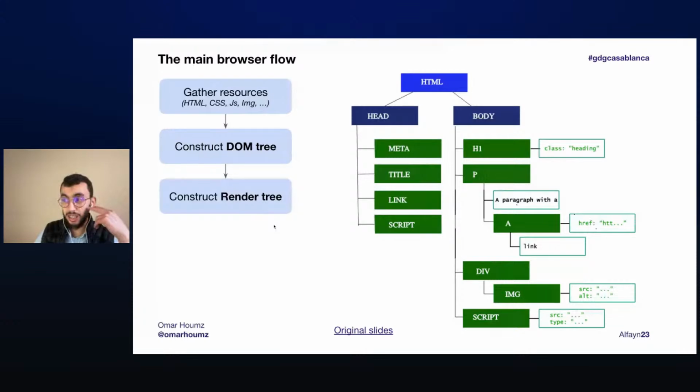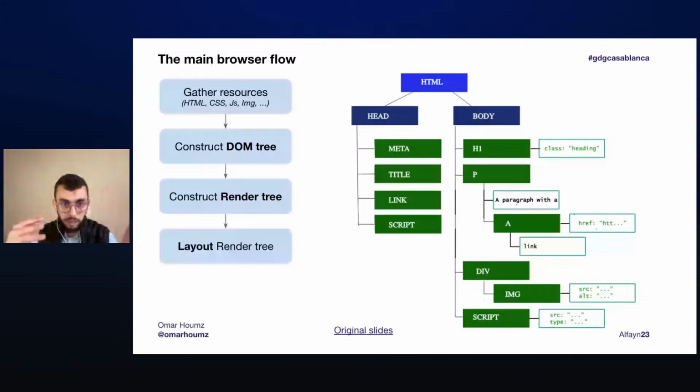The next step, when we have the render tree with all of the elements that should show to the user, is that we lay out this render tree. What do we mean by this? For example, in a typical website we have the header with a logo and some links. In this step, we take the logo and say it's going to be on the top left corner of the page, and then we place the links beside it.